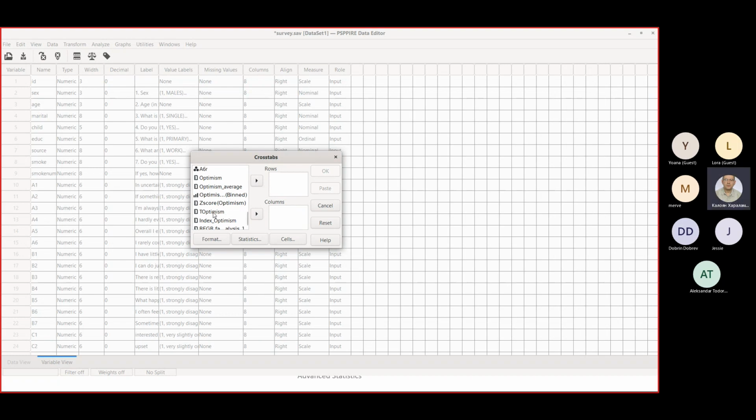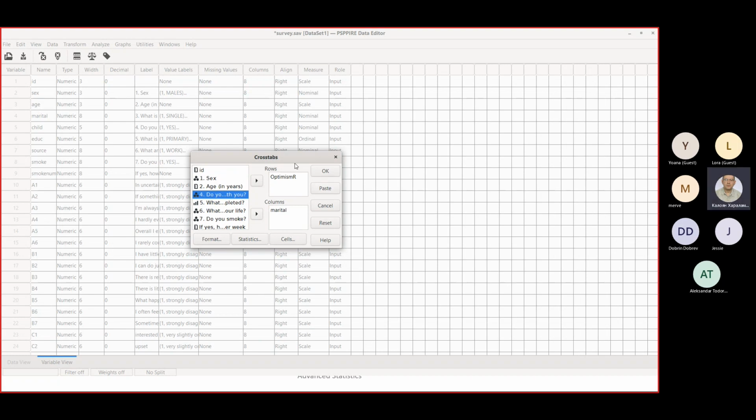So I will find here optimism R, and we'll move it to the row. And usually independent variable we move to column. So marital status, I will move it to column.